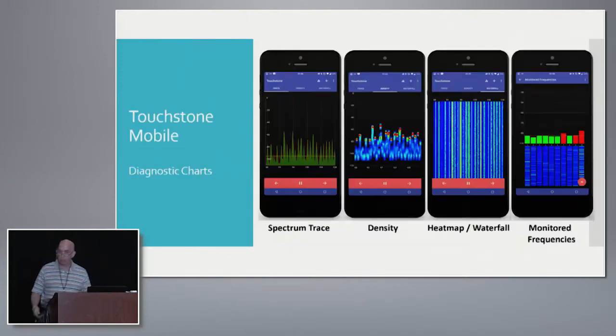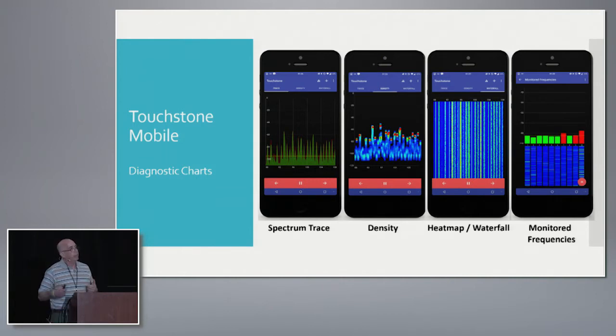And again, the app has a number of different graphic charts, spectrum trace. It has a density chart, also called a topographic chart, and it displays the signal at specific frequency. It shows how often the signal is detected at a specific frequency and amplitude.